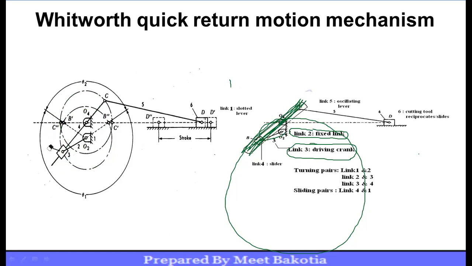I'll again mark and show you over there. This is my driving crank. When the driving crank is going to take one full rotation, because the driving crank is attached to this slider in this slotted lever, you can see this slider can move up and down in this slotted lever. So when the driving crank rotates, this slider is also going to take one full rotary motion.